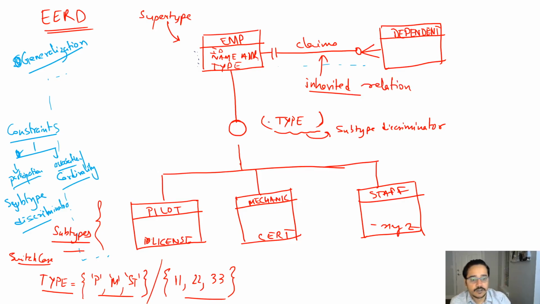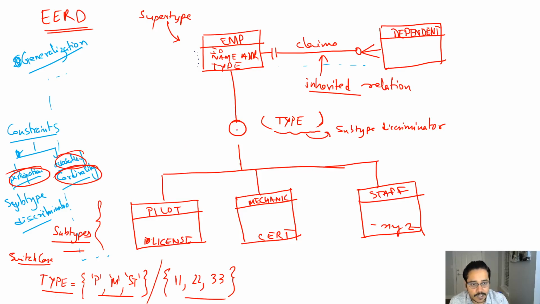Okay. So now the last two things remaining are the participation and the cardinality. So let's look at the cardinality. Cardinality being, can an employee be both a pilot and a mechanic at the same time, or a mechanic and a staff at the same time, right? So you have to use your intuition or your organization's policy to determine that.